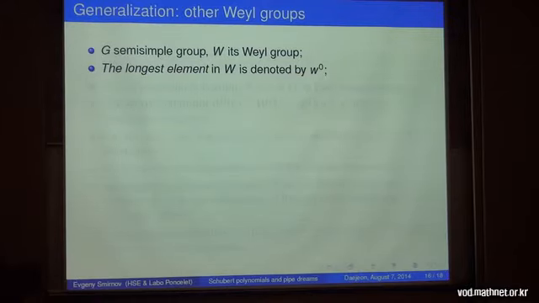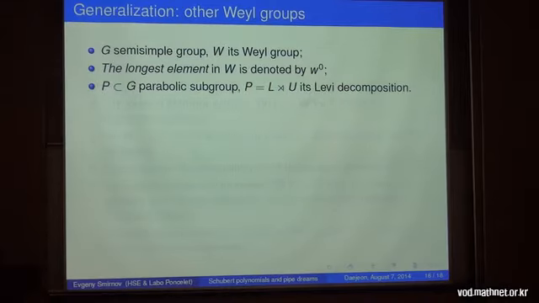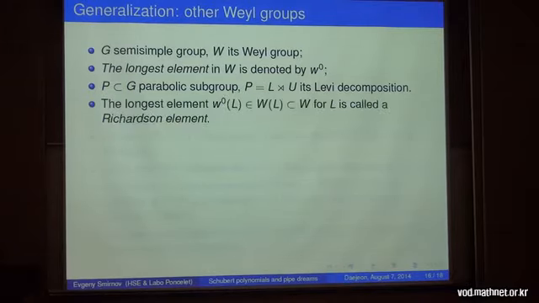And you can take various parabolic subgroups inside G, and for those parabolic subgroups, you can take their Levi decompositions into a semi-direct product of semisimple and unipotent parts. You can also consider the longest element in the Weyl group of this Levi part.